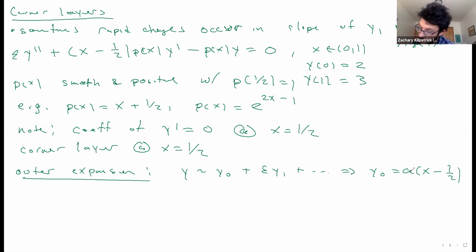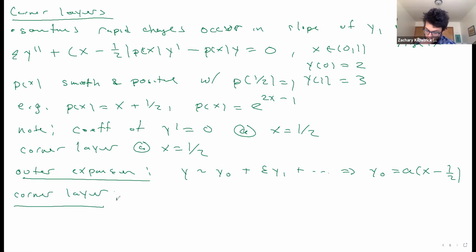We have this free parameter a that can specify our slope. It turns out for this problem, in order to get our boundary conditions satisfied, we need to take the slope to be different. So then when you come together at this interior layer, in particular, it's going to be a corner layer because you're going to get a jump in the slope. Okay.